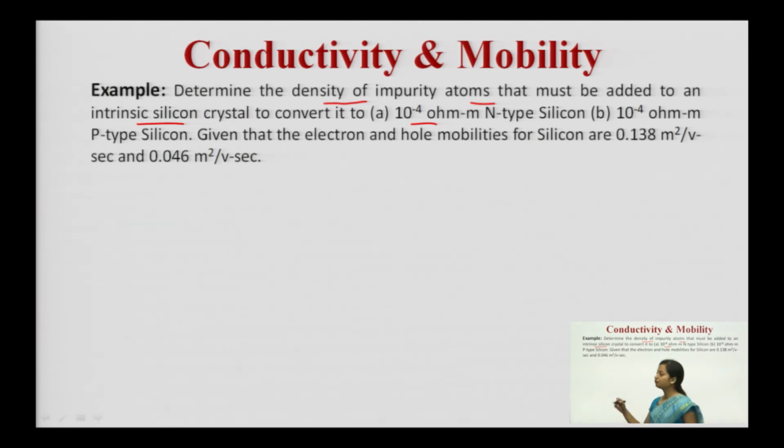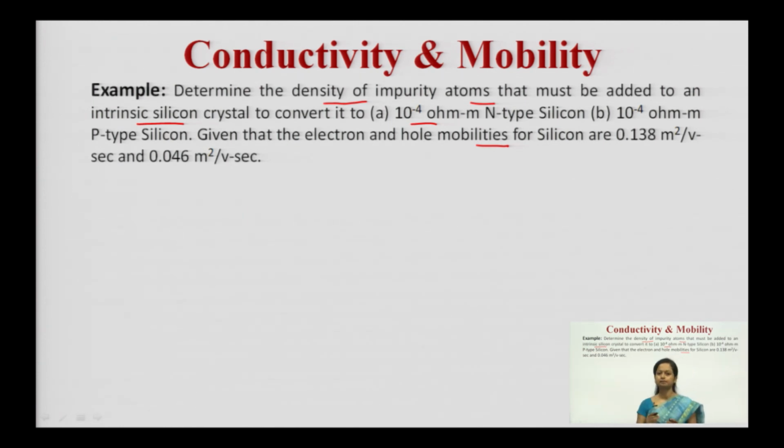So, here you have to calculate how much density is to be added to the pure intrinsic semiconductor crystal. And both the electron and hole mobilities have been given in this particular question. Now, calculate the density of impurity atoms.